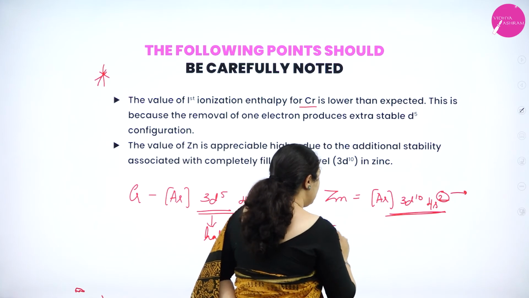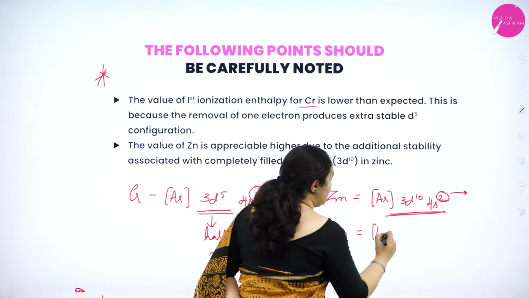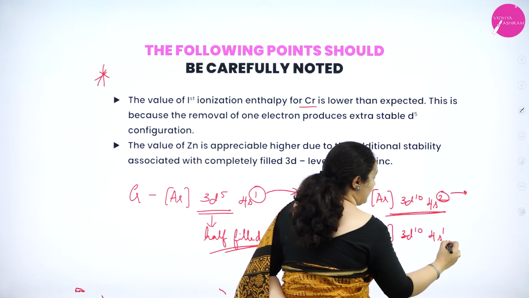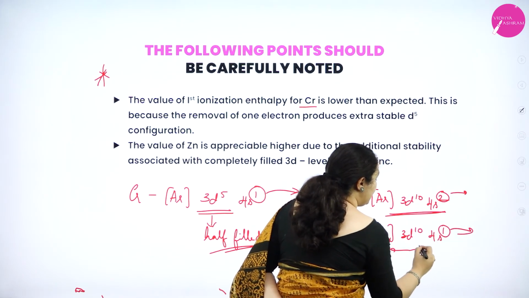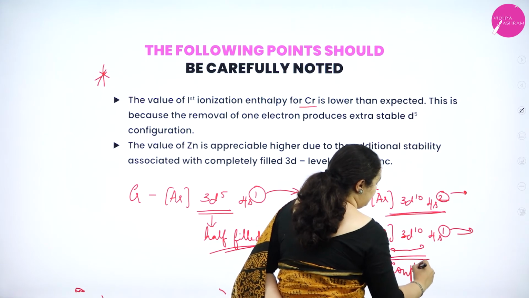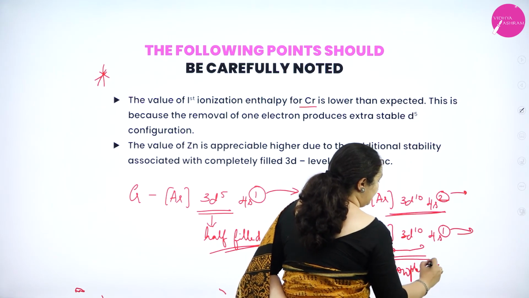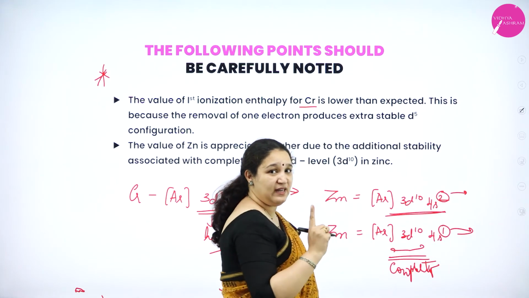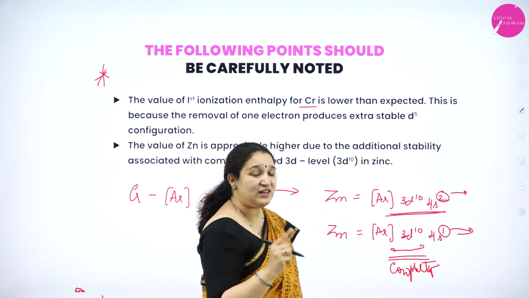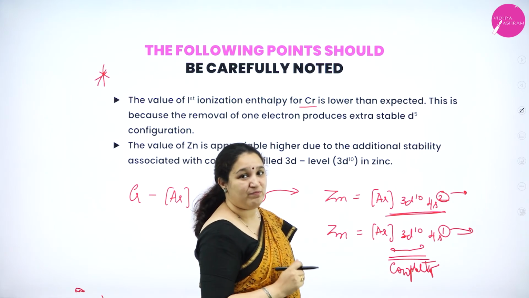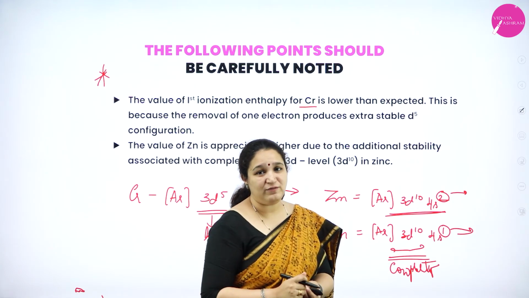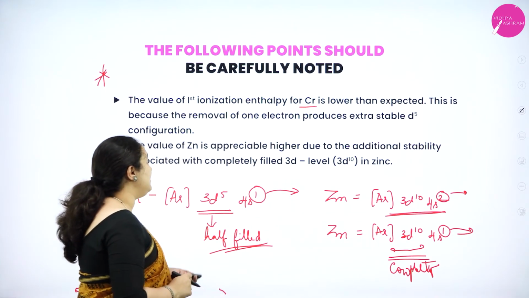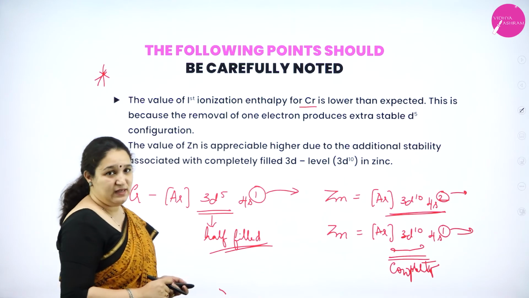Why? Because once one electron is lost, it gets 4s1. So, if it loses one more, it gets a completely filled orbital. Isn't it? That is the reason first ionization enthalpy is fairly high, but the second ionization enthalpy is fairly less, because it can get completely filled orbitals if 2 electrons are removed. Okay, so that's about chromium and zinc.